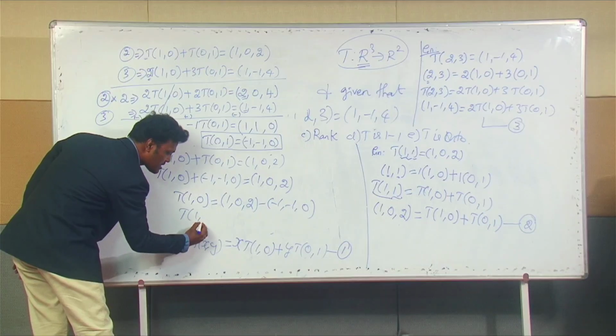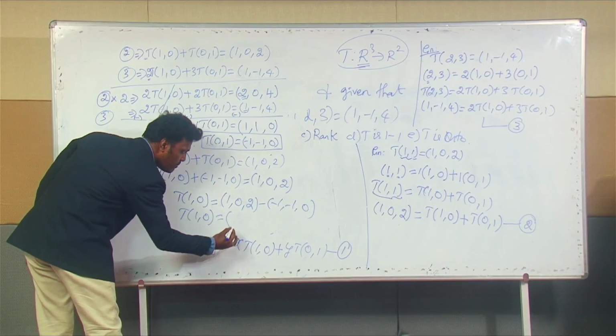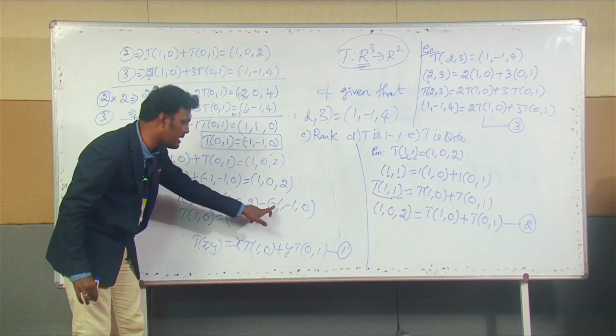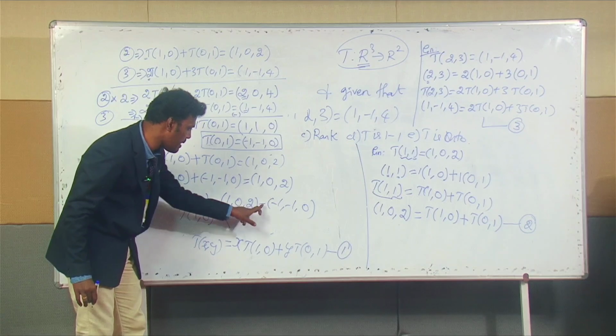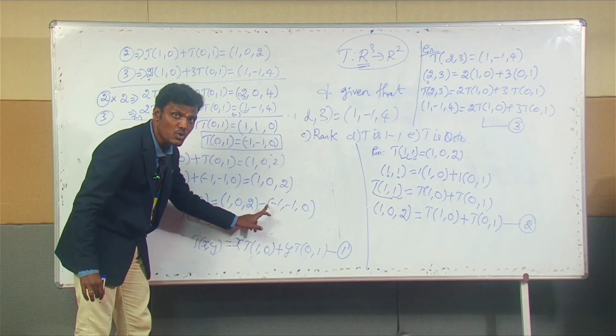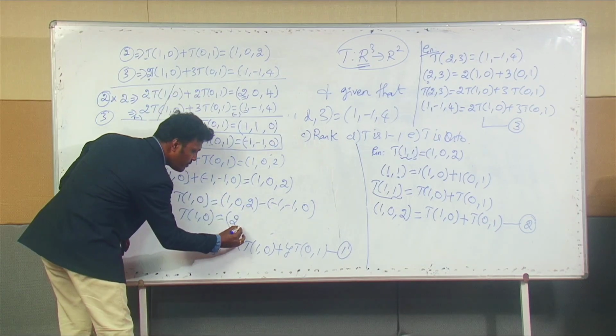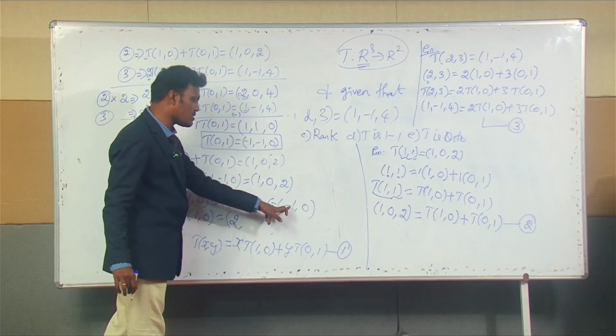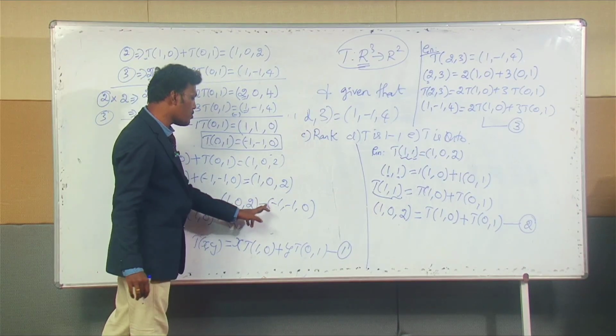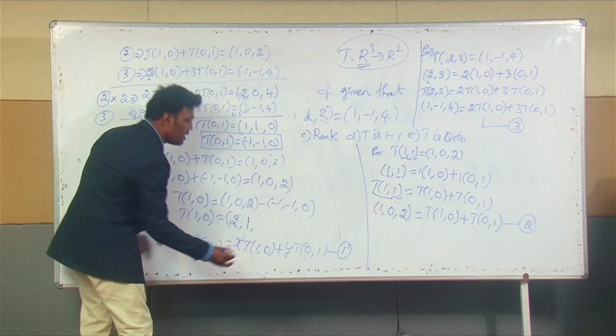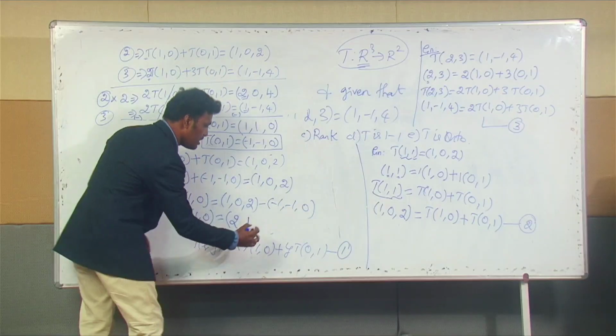First term minus first term: 1 minus minus 1 is plus, so 1 plus 1 is 2. 0 minus minus 1 is plus, so 0 plus 1 is 1. 2 minus 0 is 2. So T of (1, 0) is (2, 1, 2).